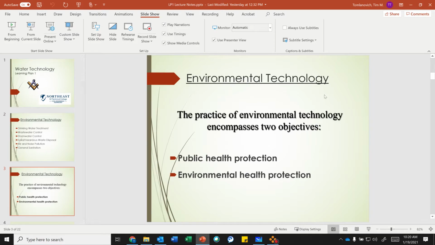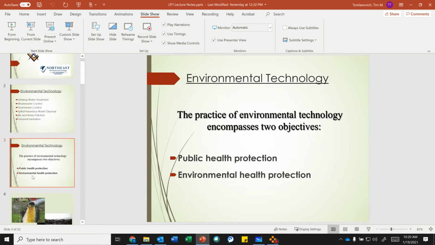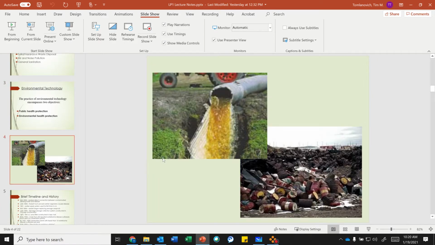So what is environmental technology? The practice of environmental technology encompasses two objectives: public health protection, environmental health protection. Okay, public and environment. That's the purpose of environmental technology. So as you always hear horror stories back in the 50s and 60s, you see things being discharged into an environment, hazardous waste barrels.